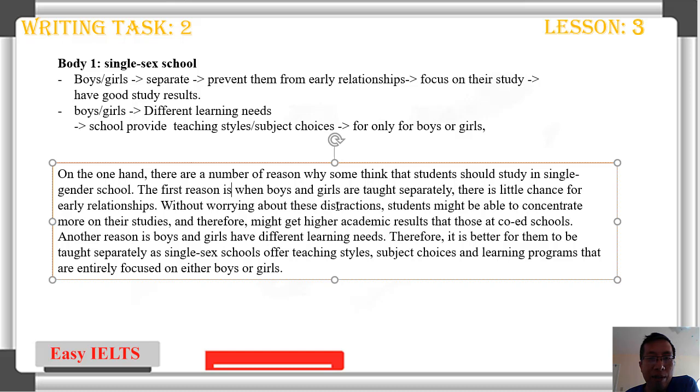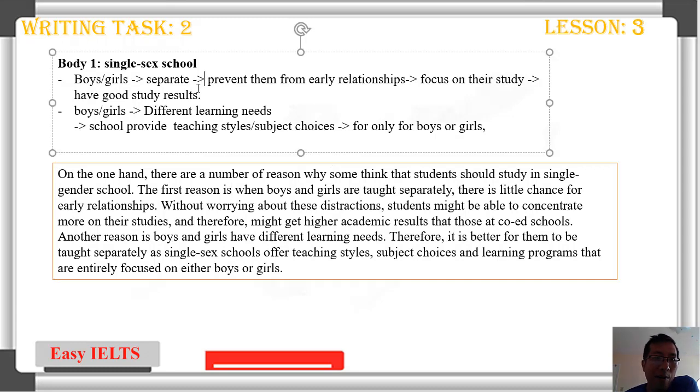Without worry about distraction, students might be able to concentrate more on their study and therefore might get higher academic results than at co-ed school. Co-ed school is like mixed school, but you don't want to use mixed school, use co-ed school. So that's idea number 1.